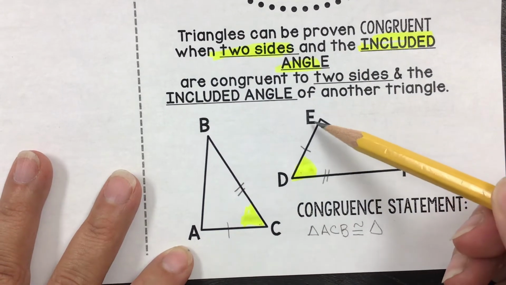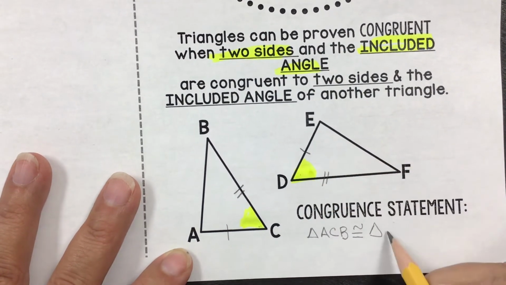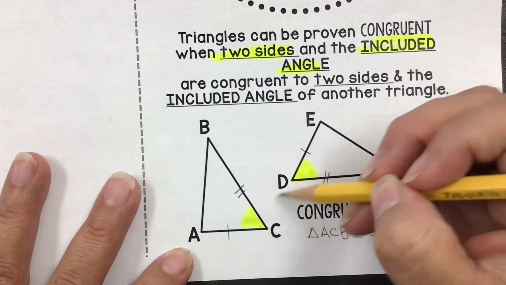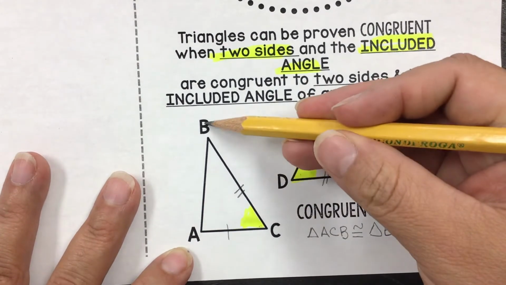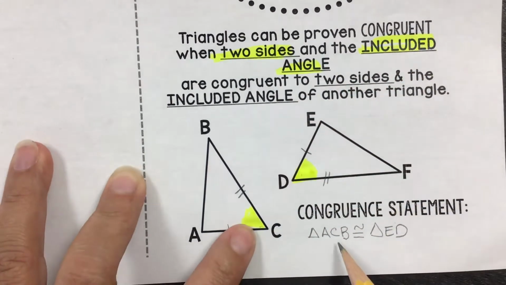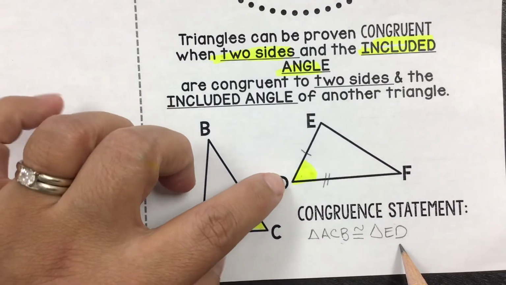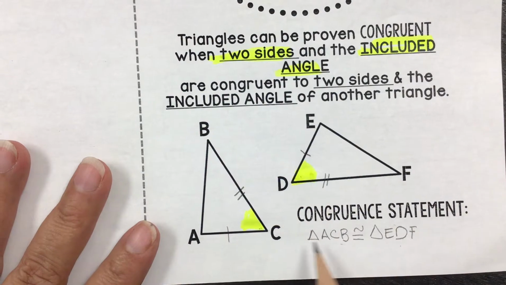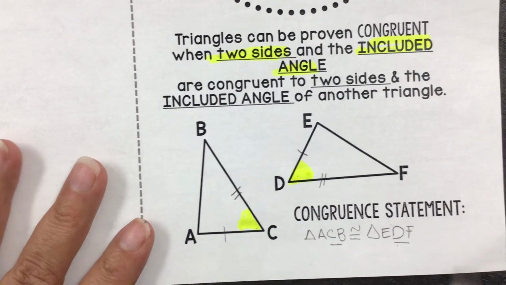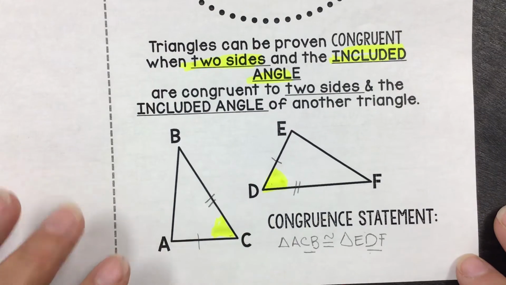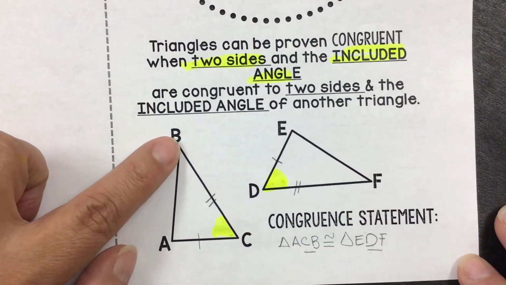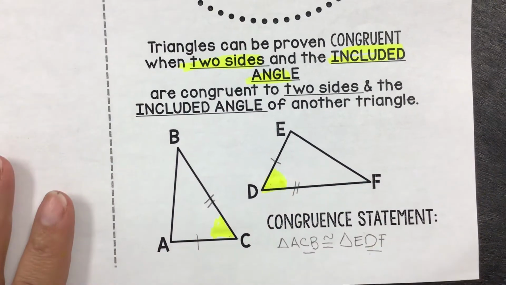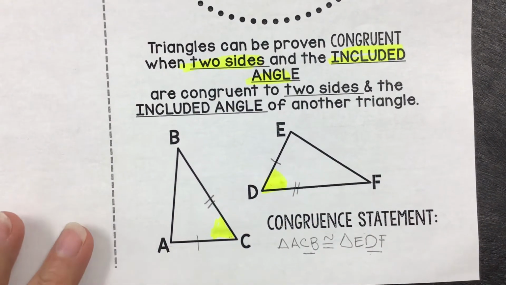That means I have to go from E to D. And then from C, the one that is congruent to D, I have to go to B. So CB means that D goes with F. The two sides that have the hash marks, I'm going to underline just so it's a little bit clearer. CB has to correspond with the side DF. So you can know that those are the parts that go with each other.